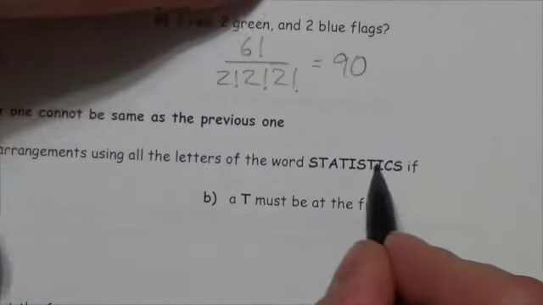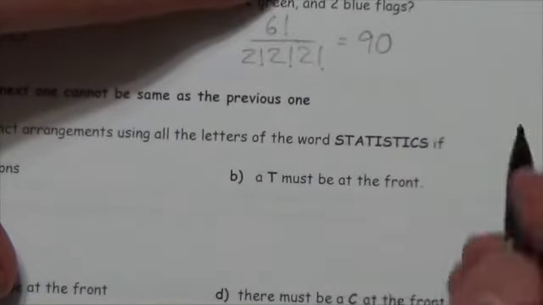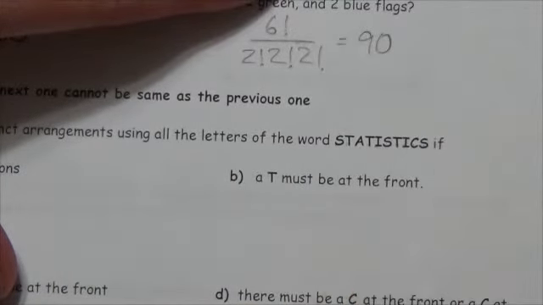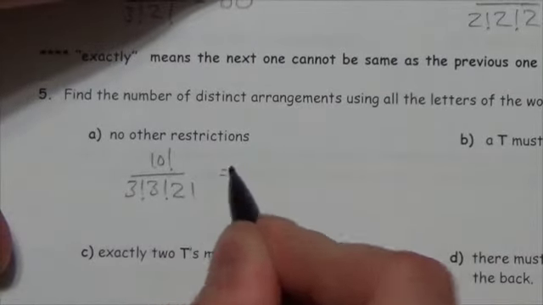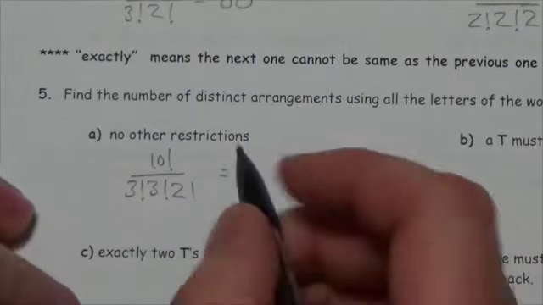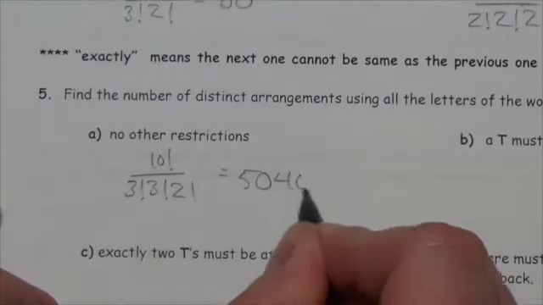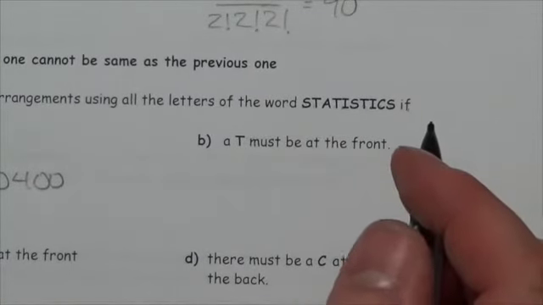We've got 3 T's. So put another 3 factorial down there. We've got 2 I's. And that's it. Okay, and so we're going to take our 10 factorial and we'll divide by 3 factorial, 3 factorial, 2 factorial to get 50,400 different permutations. Now, what if a T must be at the front?